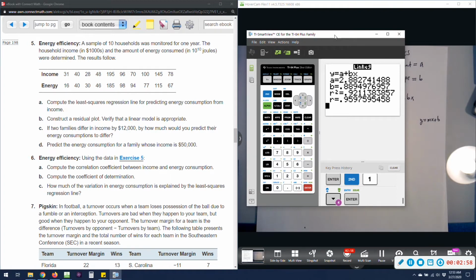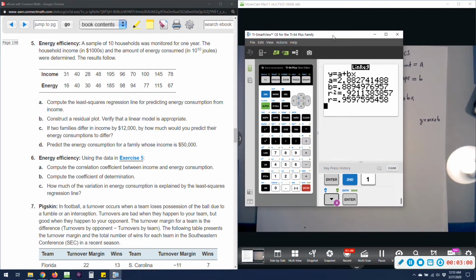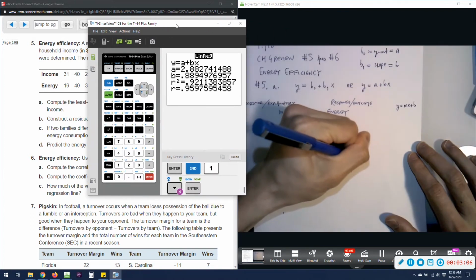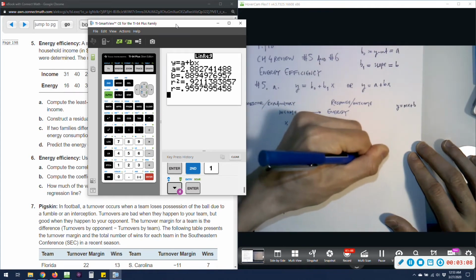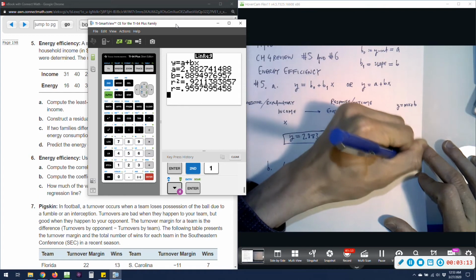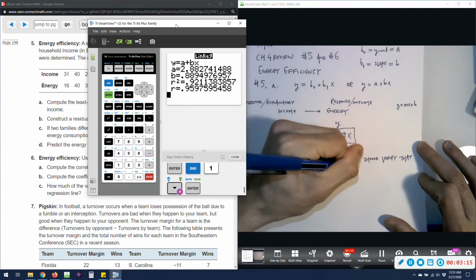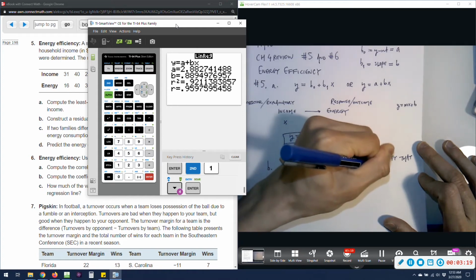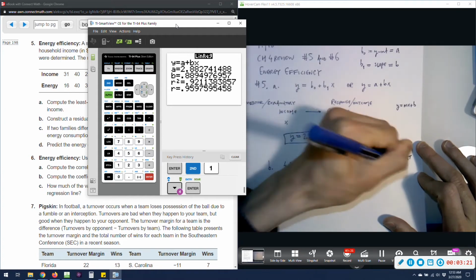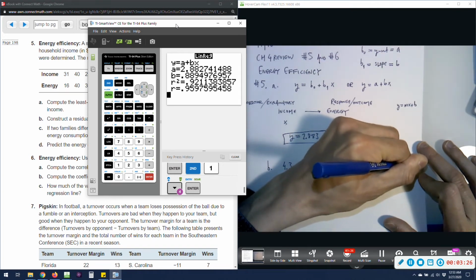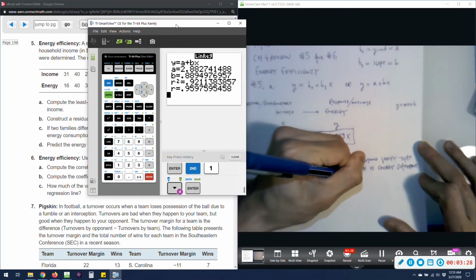We will do that later on, when we get to number 6. Maybe I'll just write here, we should verify that the income versus energy scatter plot looks like a line.